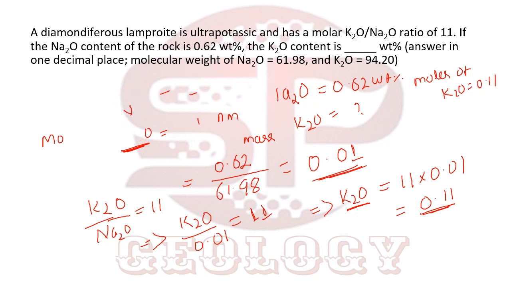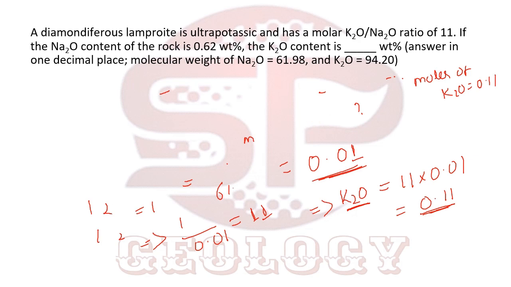Then we move to the same formula, given mass by molar mass. So the moles of K2O will be given mass, which we have to calculate, divided by molar mass, which is given as 94.02.